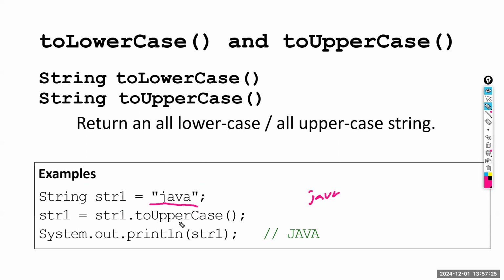But if I call toUpperCase and assign it to itself or to another variable and then print that, now it will be all capital. Using the ASCII codes or Unicode, it will convert to the corresponding capital letter. Of course, numbers are not affected. Numbers will stay just as they are, and special characters won't change. Right. toUpperCase, toLowerCase.